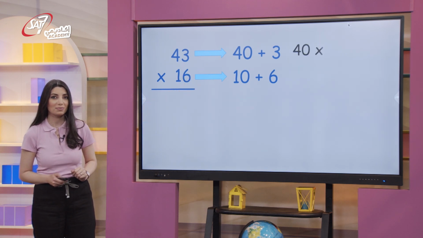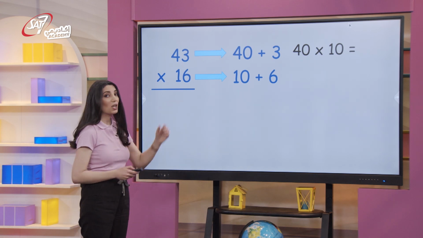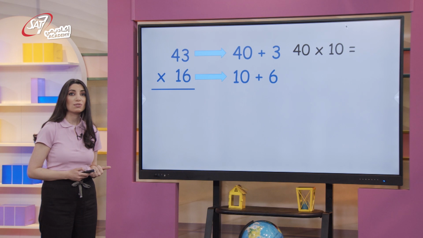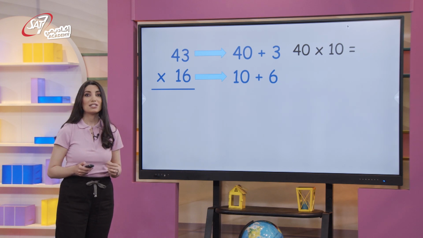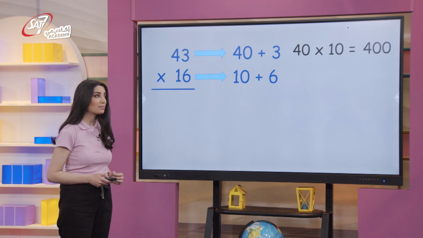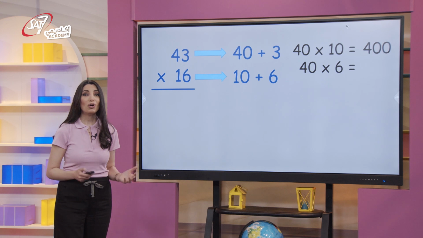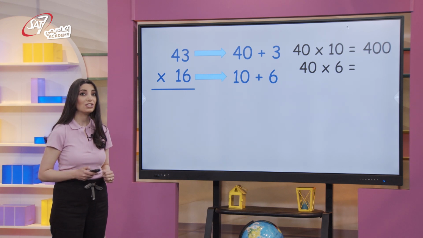Let's get started. Remember the trick here? We ignore the 0, multiply, then add all the zeros. So 4 times 1 is 4. Add the zeros, the answer is 400. 4 times 6 is 24, so 40 times 6 is 240.